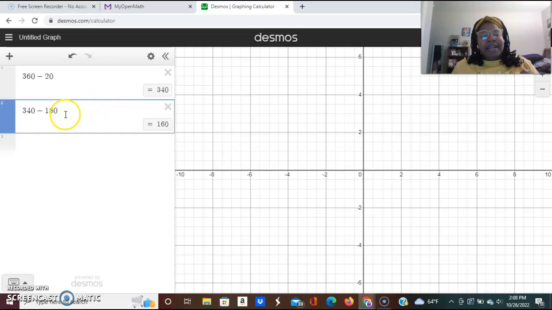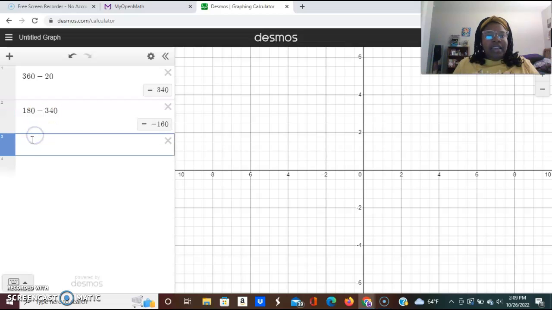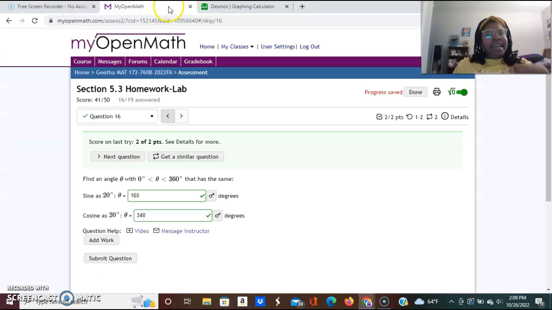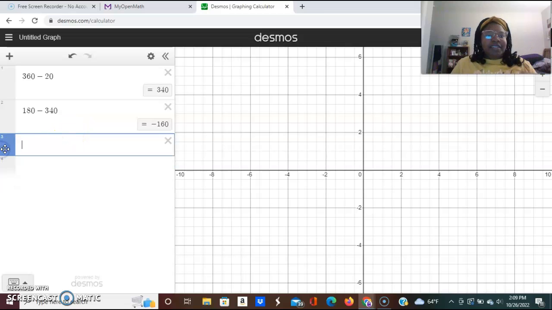Why I decided to subtract is because you can't exactly do this, and doing this will get you over the max degree, which is 360. I told you that's the max. We can't go over that. So the most logical thing would be to simply subtract.